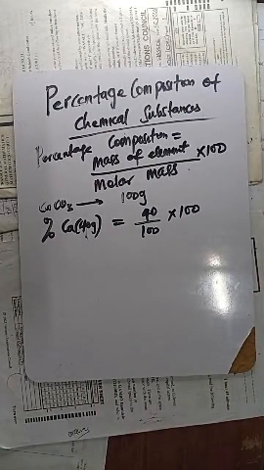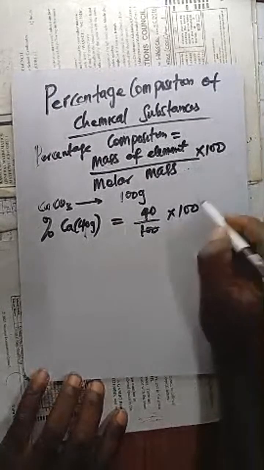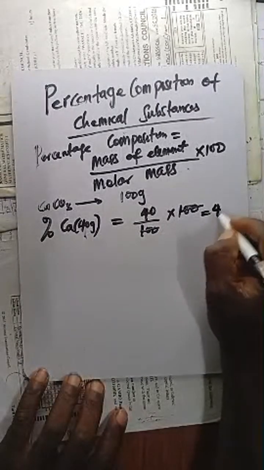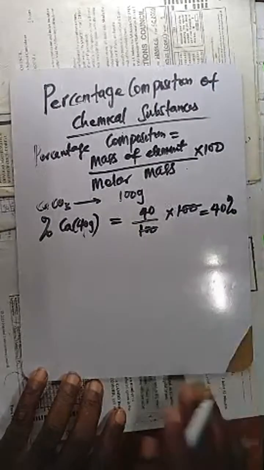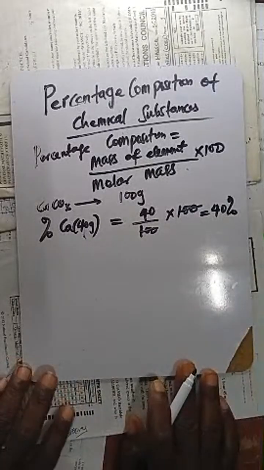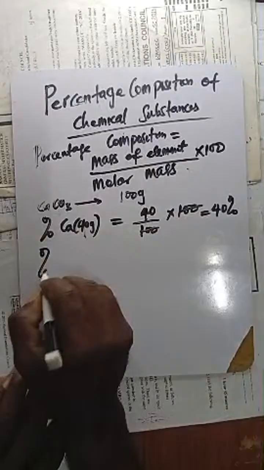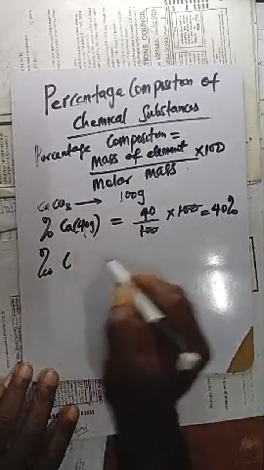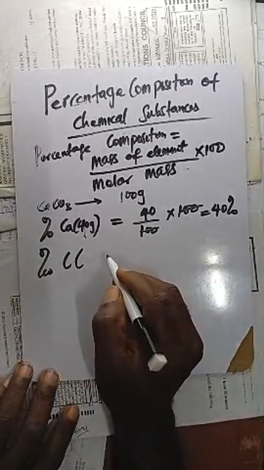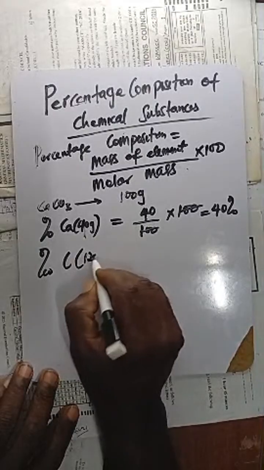This will cancel this, and it will give you 40%. So we are considering CaCO3. Percentage composition for carbon, and the carbon is 12 gram.